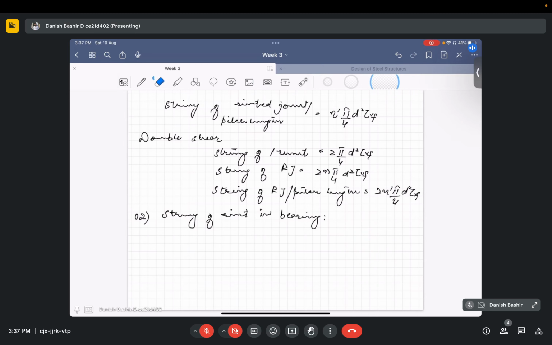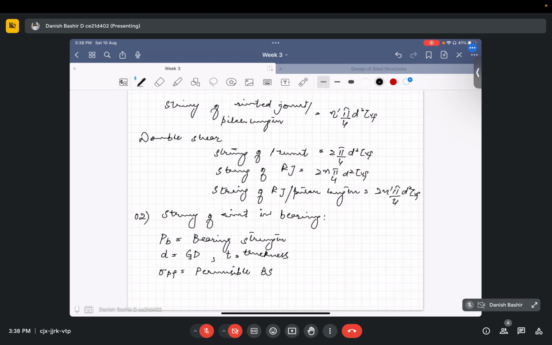For that we have to denote different notations. If I denote Pb, bearing strength of one rivet, and d the gross diameter, t the thickness of the plate, and sigma pf the permissible bearing stress.